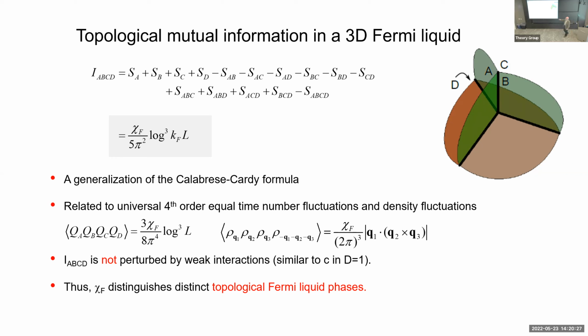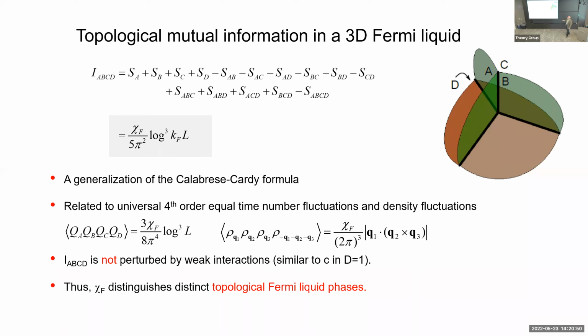And then what I'm going to do is define a combination of the entanglement entropies, which is designed so that all of the bipartite correlations and the tripartite correlations that happen along the line are exactly canceled off. And that's going to leave only the correlations that involve all 4 regions.